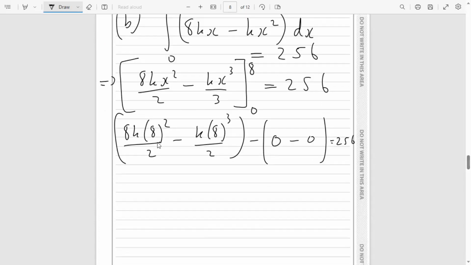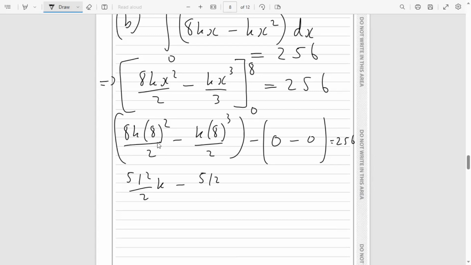Okay, now we're going to simplify what we've got. 8 squared is 64, times by 8 is 512, divided by 2, times k. Then take away 8 cubed, which is 512. Have I done something wrong here?